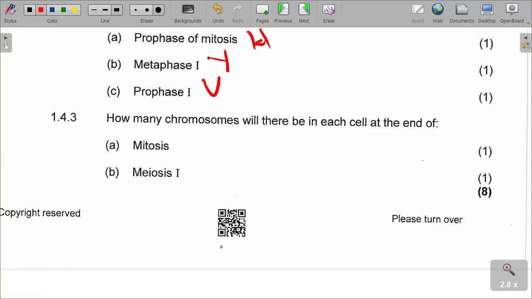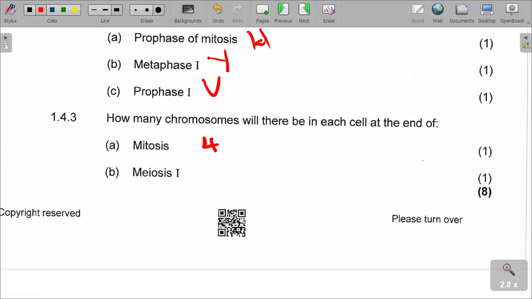Mitosis produces genetically identical daughter cells with the same number of chromosomes as the parent cell. So it must give us 4.